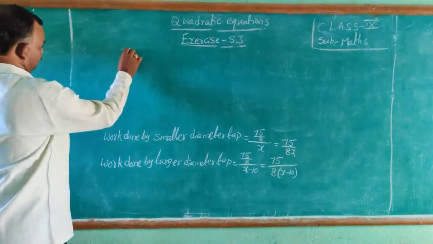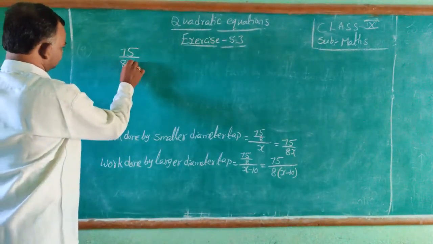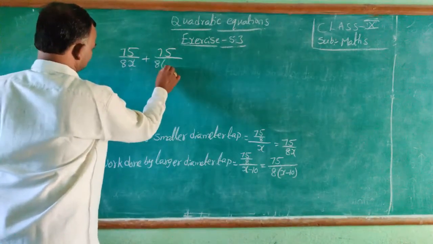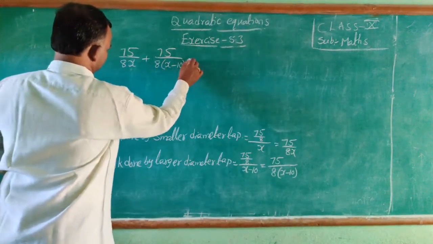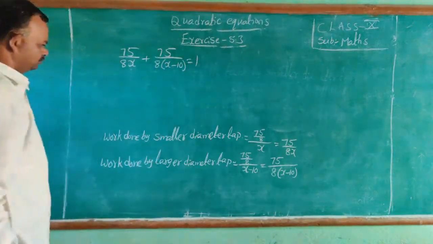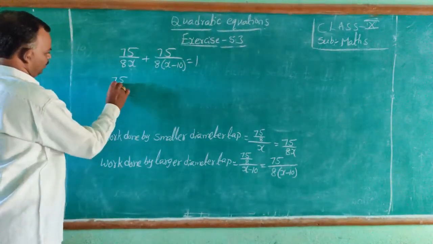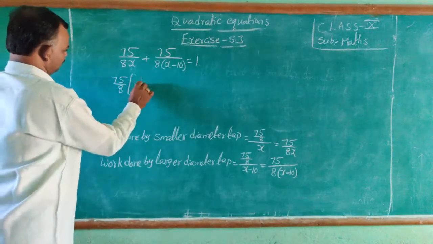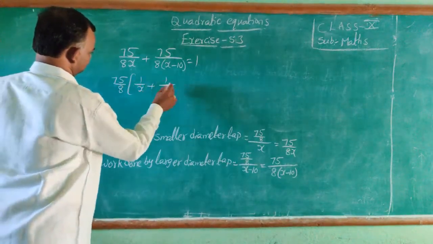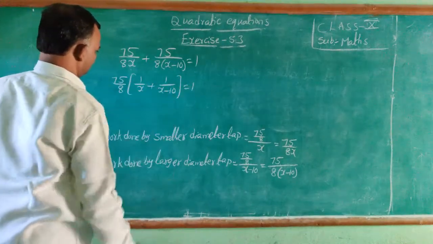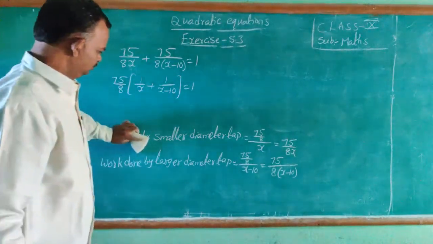That means 75 by 8x plus 75 by 8 into x minus 10 is equal to 1. Taking 75 by 8 common, 1 by x plus 1 by x minus 10 is equal to 1.